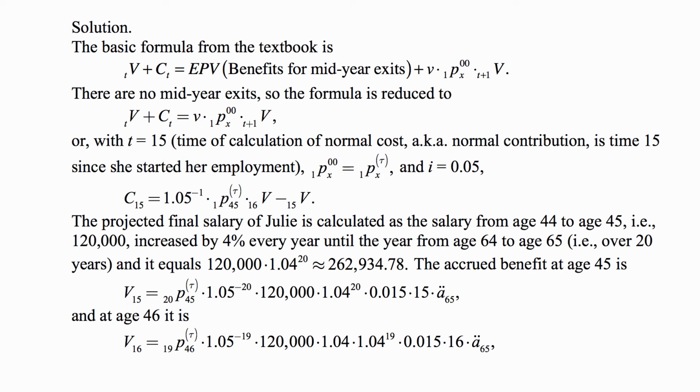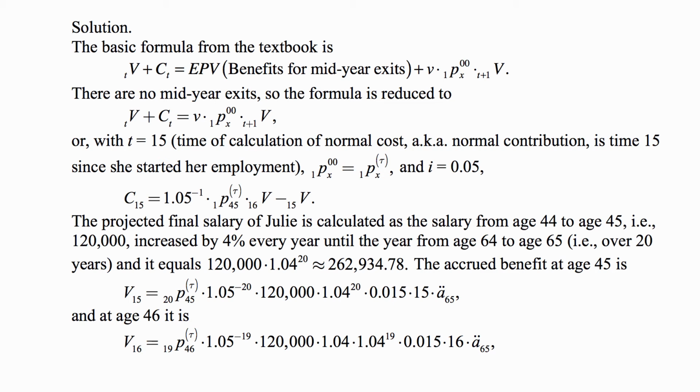The accrued benefit at age 45 is the probability of survival till retirement times the discount factor times 120,000 times 1.04 to the 20th times 0.015, the percentage of final salary earned through each year of service, and she's had 15 years of service, so multiplied by 15 times A.65, which is the cost of a unit life annuity upon retirement.